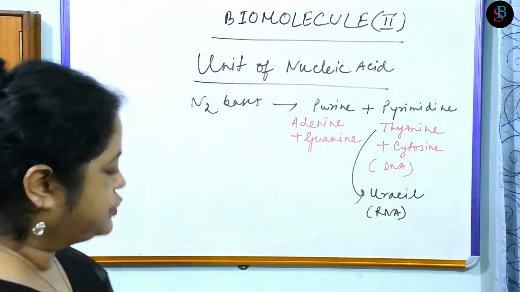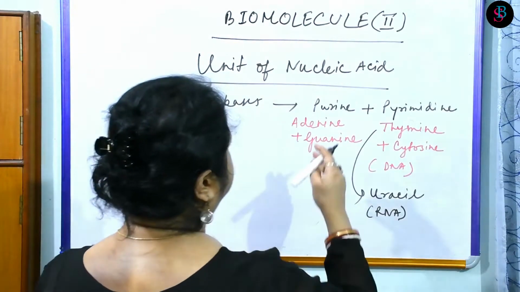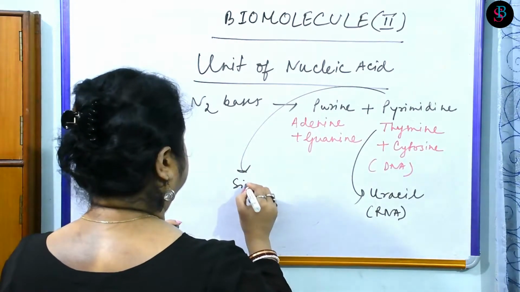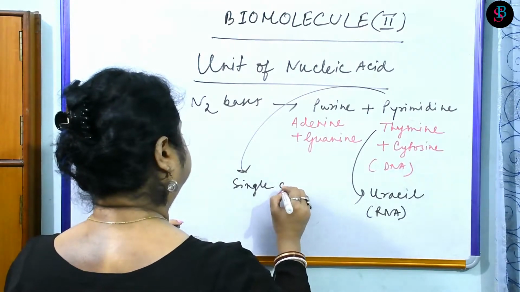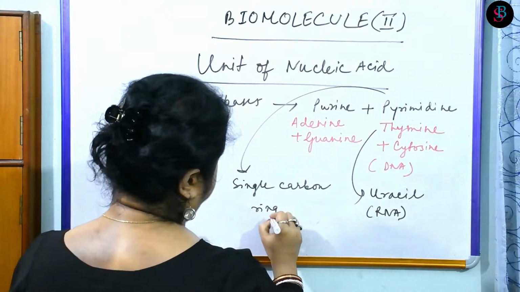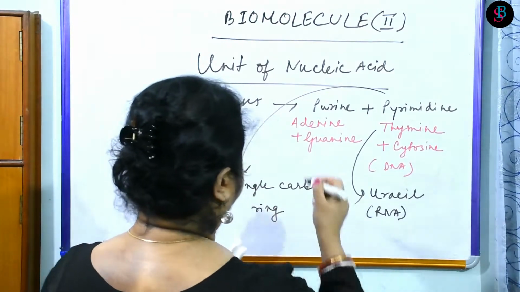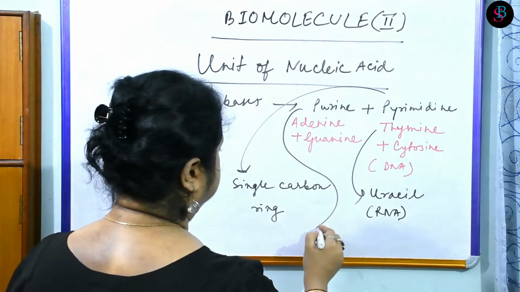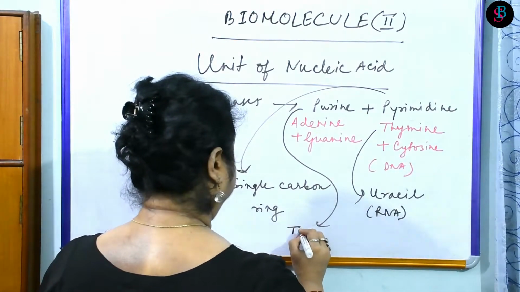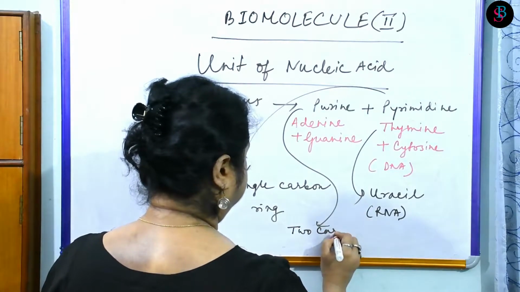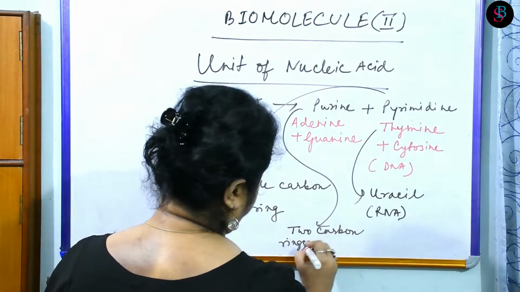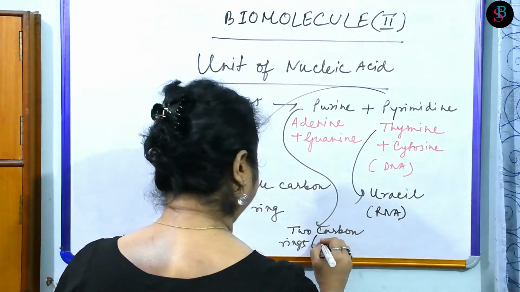So purine has 2 rings and pyrimidine has 1 ring. Pyrimidine has a single carbon ring, and purine has two carbon rings, and the extra one is the imidazole ring.